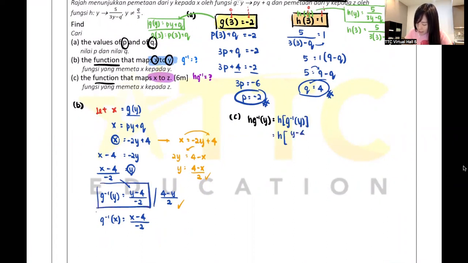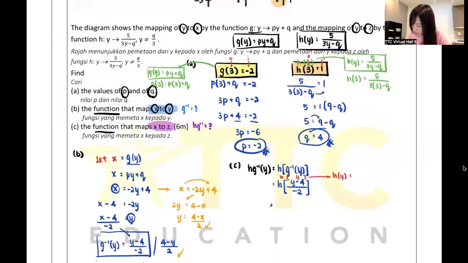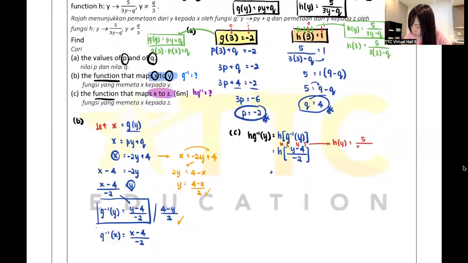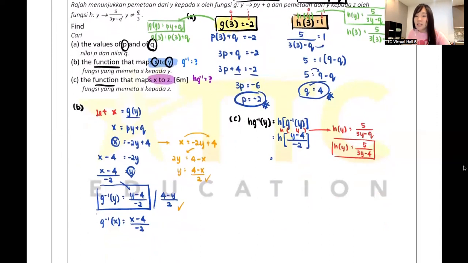Isn't it y minus 4 over negative 2? Then from here, how do we continue? I repeat, this one full name is h of y. So h of y equation is 5 over 3y minus q. But you already know your q answer is 4. I saw 4 inside. Can you all see? Now you want to do h of y minus 4 over negative 2.